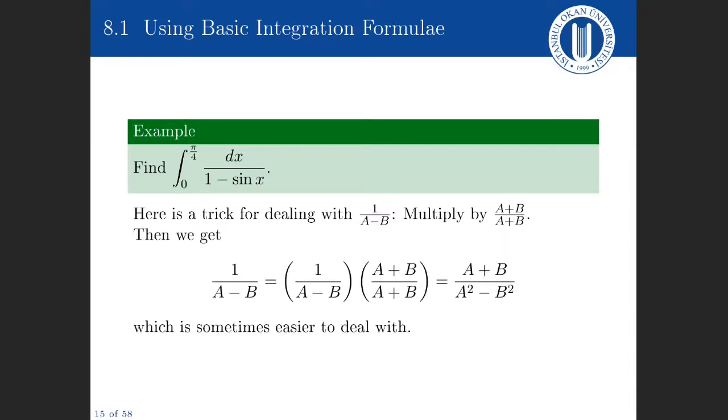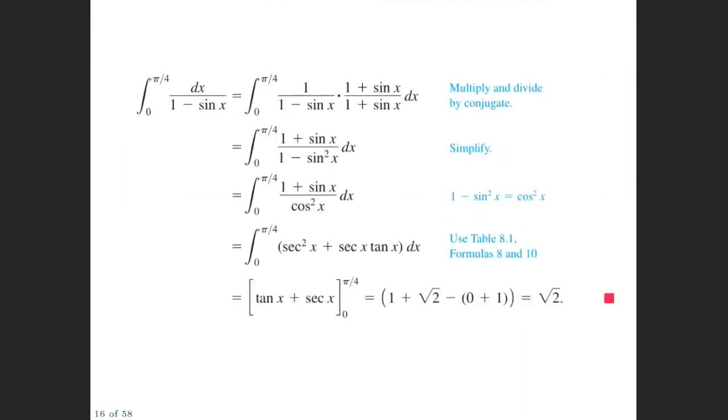And then what happens is that we get (a plus b) divided by (a squared minus b squared). Sometimes (a plus b) divided by (a squared minus b squared) is easier to integrate than the function that we start with. So that's what we're going to do here.